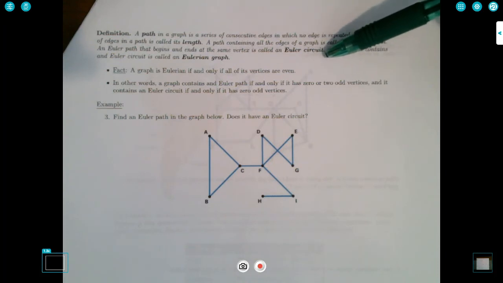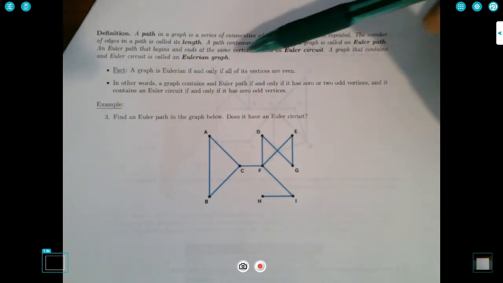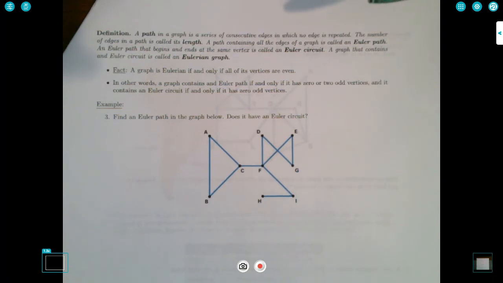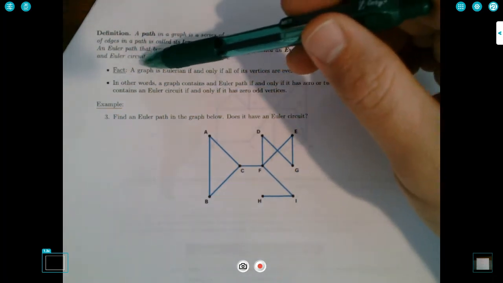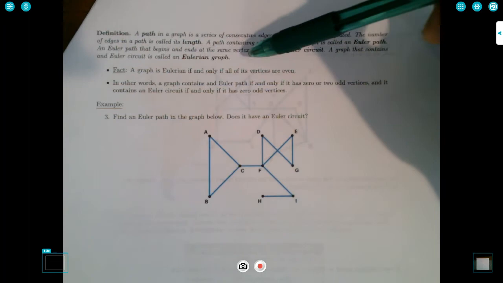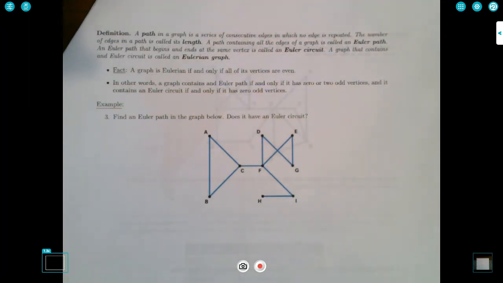An Euler circuit covers all of the edges exactly once, and it ends up back where it started. If it's possible for you to draw an Euler circuit on a graph, then that graph is called Eulerian. And a graph is Eulerian if and only if all of its vertices are even.